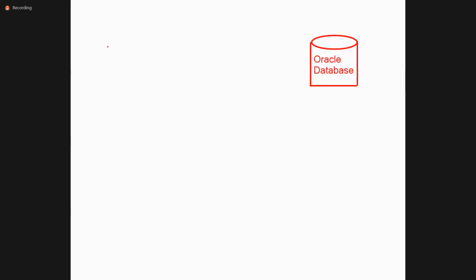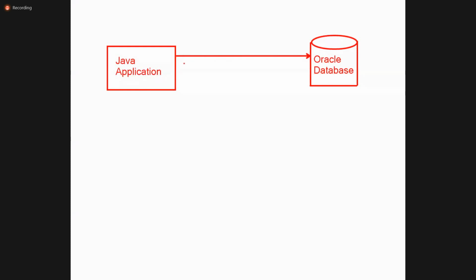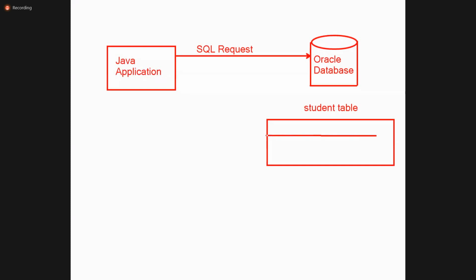This is the Java application. Through the Java application, one SQL query I'll pass. That is called an SQL request, to create a table. Table name, I decided student table. In the table, I decided three fields: roll number, name, marks.